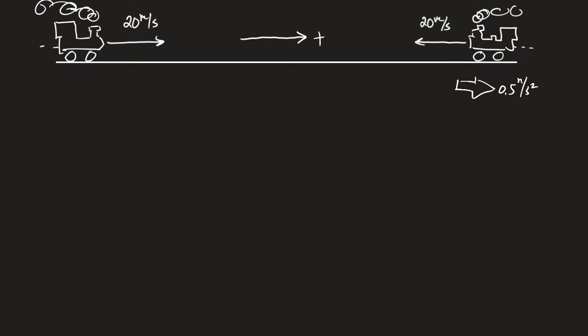Now, here's something that's a little bit different. The trains are on a number line. So I'm going to treat one train as if it's at the origin and one train as if it's at a point 1,000 meters away from the origin. So which train is at the origin from the way I've drawn this so far? The left train or the right train?